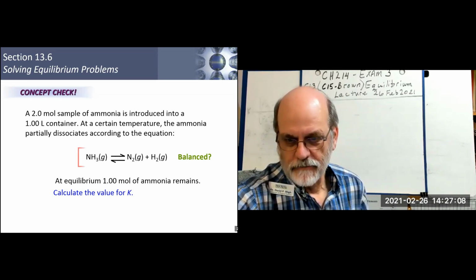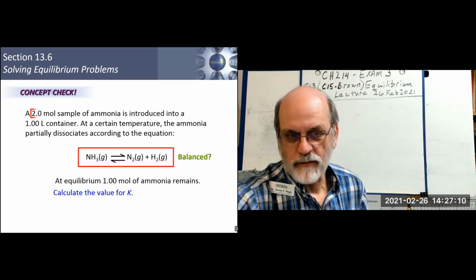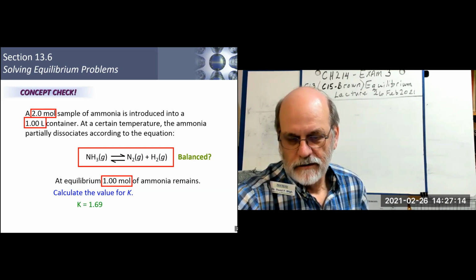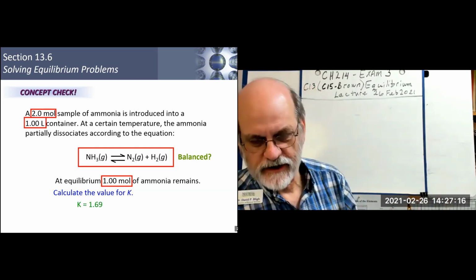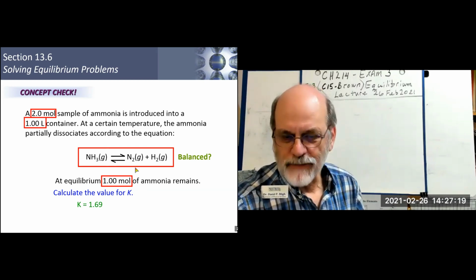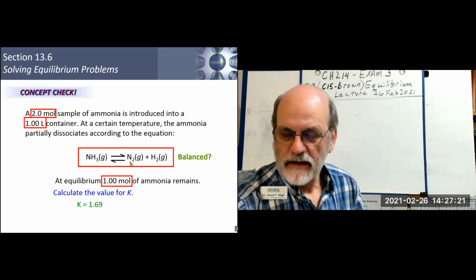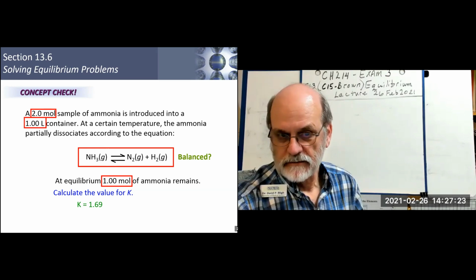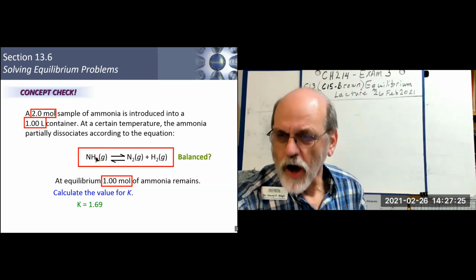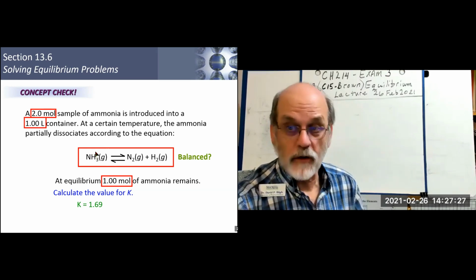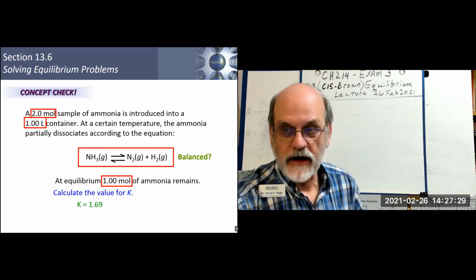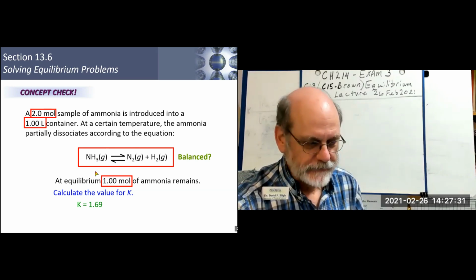What's the K value? All right, so we balance that one. So what you have to do is balance the equation, then set up your ice table. If you're starting off with ammonia only, you know it's going to the right, so that should be simple, setting up the ice table.